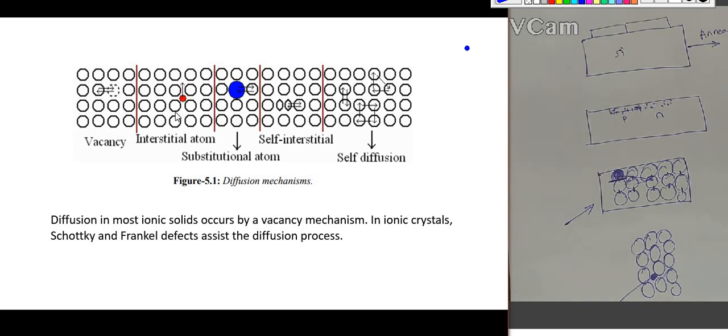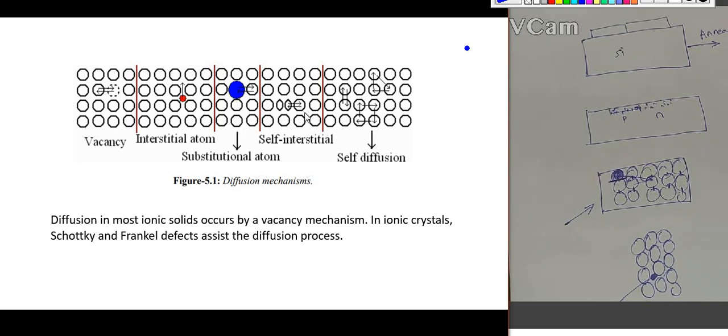Third one is substitution diffusion. Here we can see the atoms move from one lattice point to another lattice point. A different atom is repositioning, another atom is repositioning.